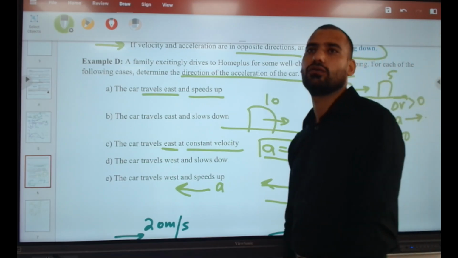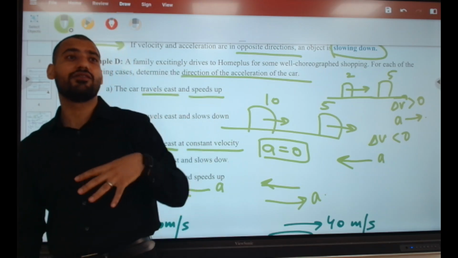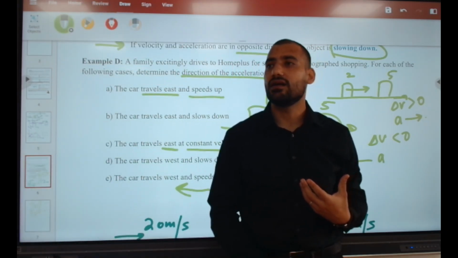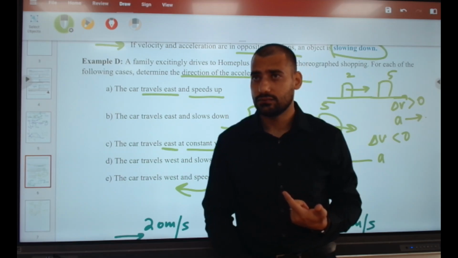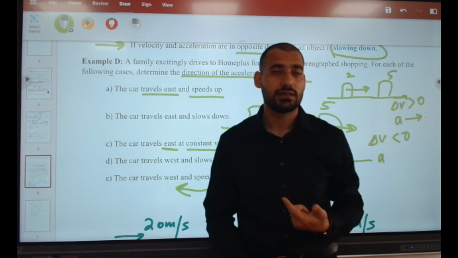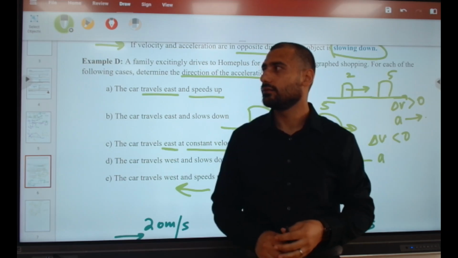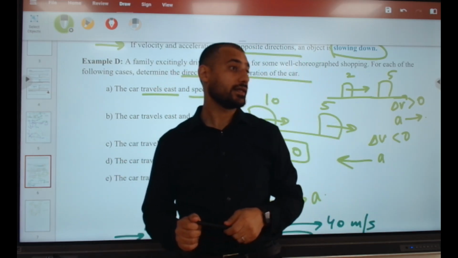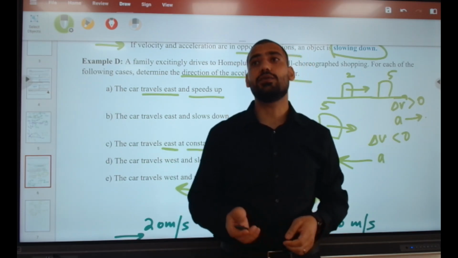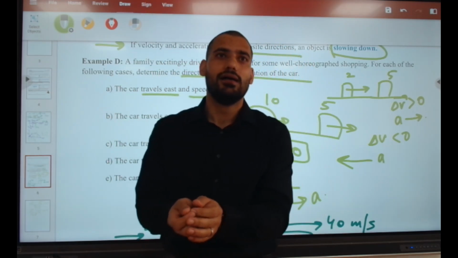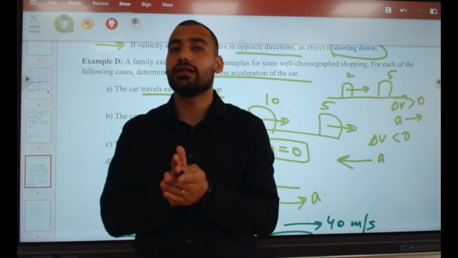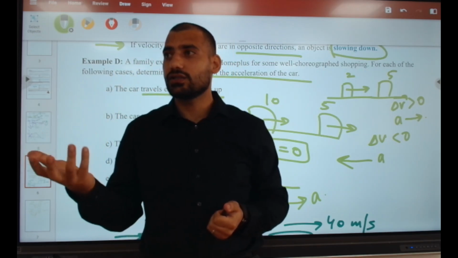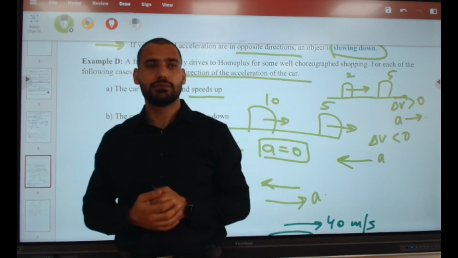Now I have a question for you. Is it possible for a body to have 0 velocity but some value of acceleration? Is it possible for a body to have zero velocity but some value of acceleration?